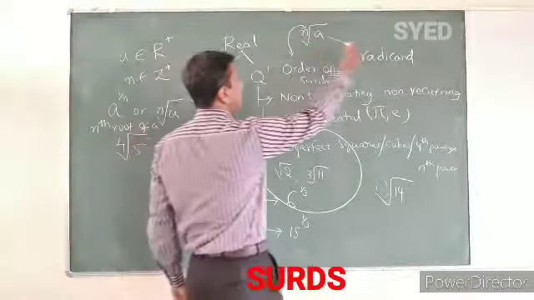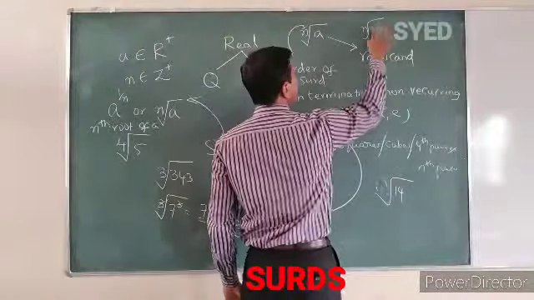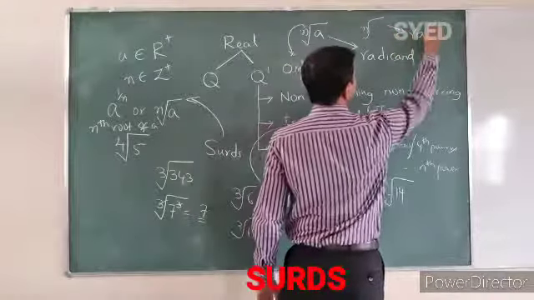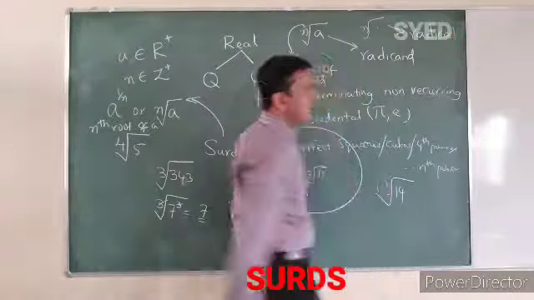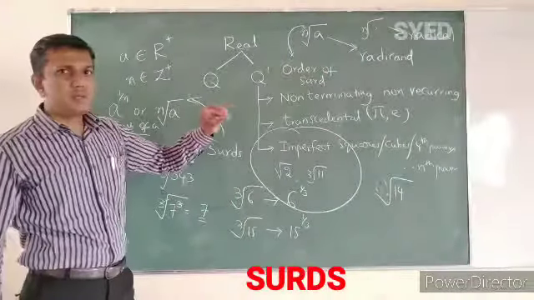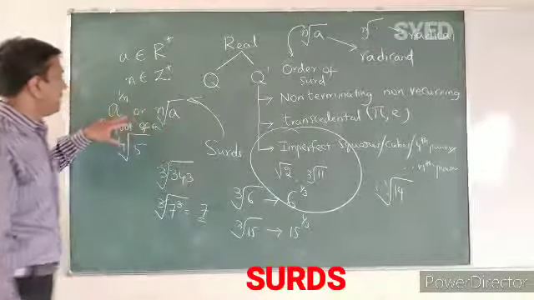And this symbol you are seeing is called the radical symbol, radical sign, or just radical. So this is a brief definition of the surd.